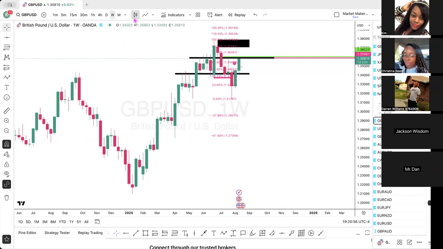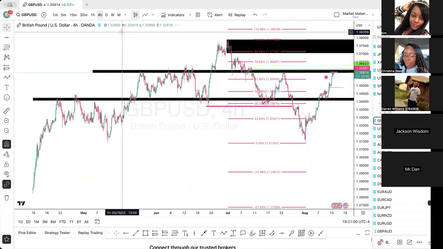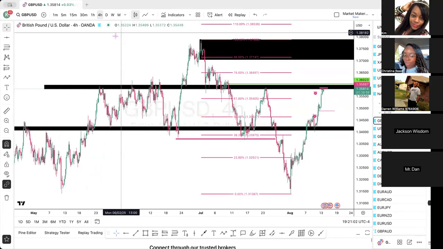So now when I go down in time frame, it's just there. And it just tells me, hey, we're going to be stopping right here for something, whether it's to continue going or whether it's to shift structure and go the opposite direction.